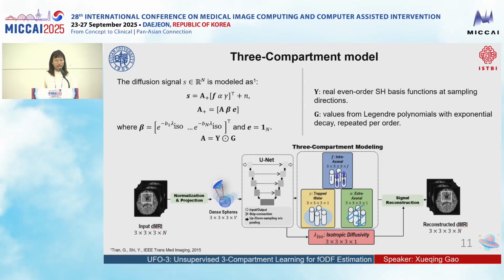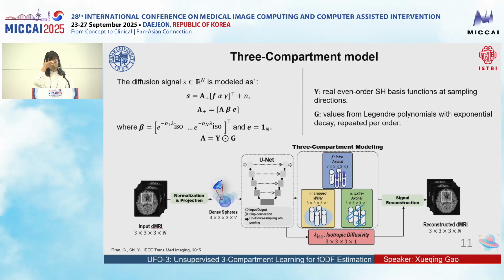So what is the three-compartment model? It models the diffusion signal as the sum of three components, F, alpha, and gamma. F reflects anisotropic water movements along axons, and it shows the directions in each voxel in our brain.